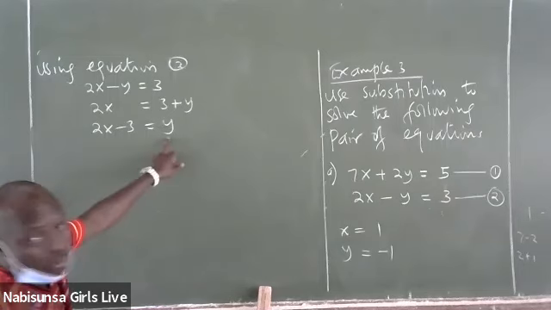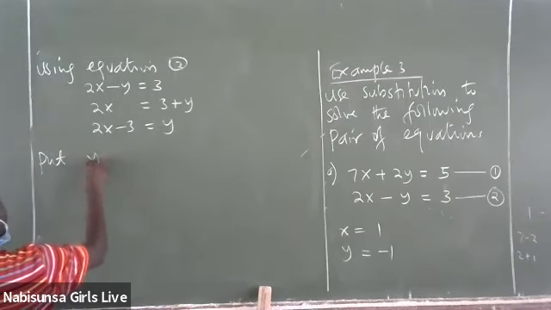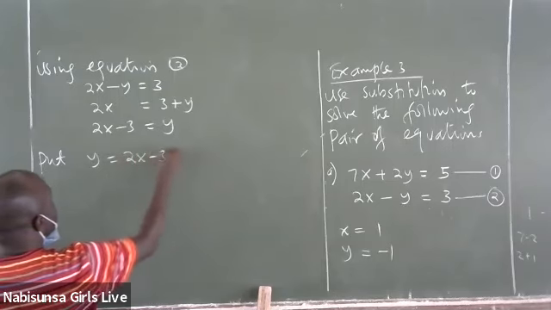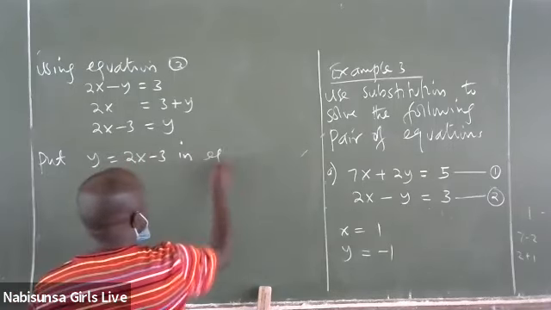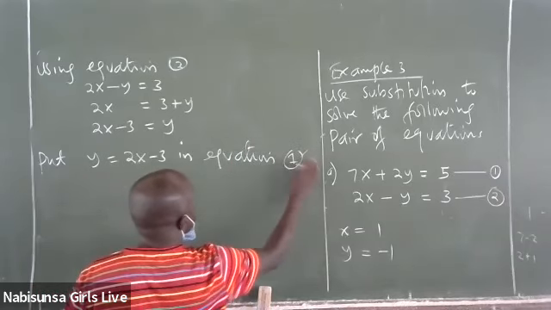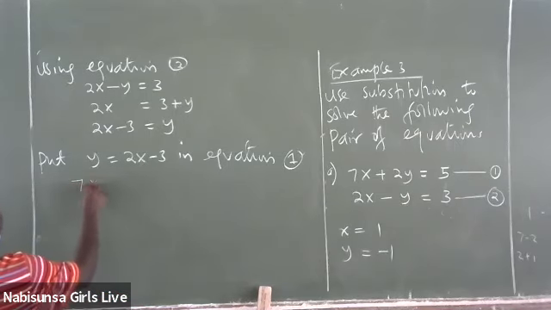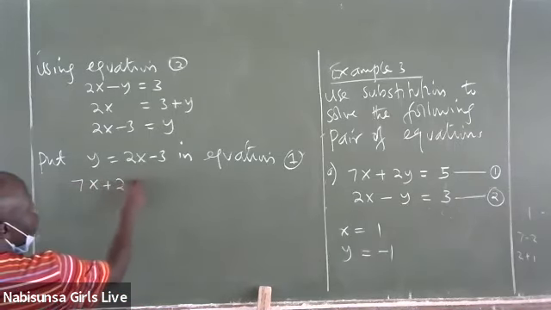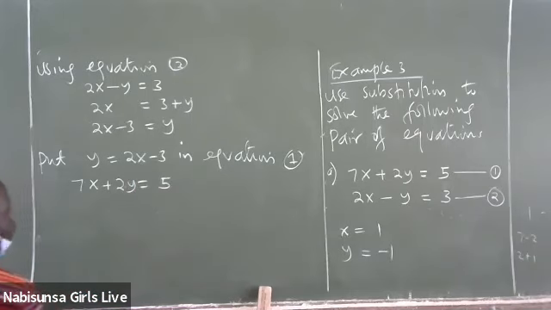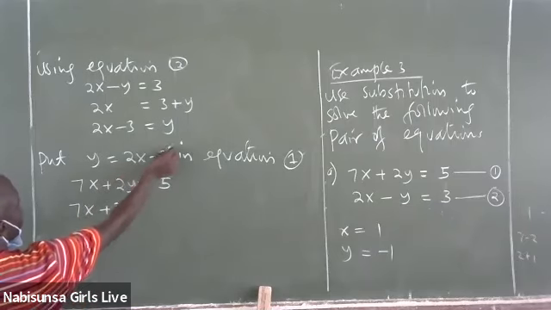So I'm going to put y is 2x minus 3 in equation 1. Okay? Equation 1 says 7x plus 2y is 5. So 7x plus 2, but my y is here.